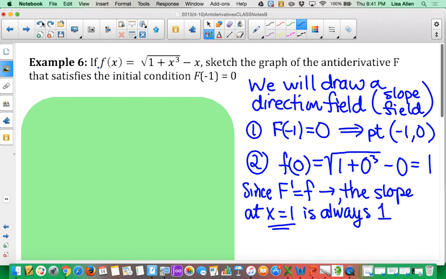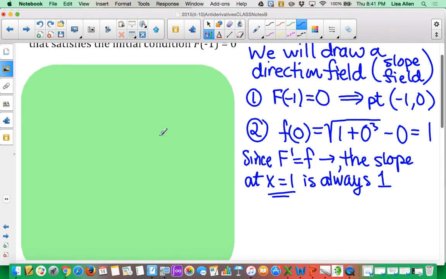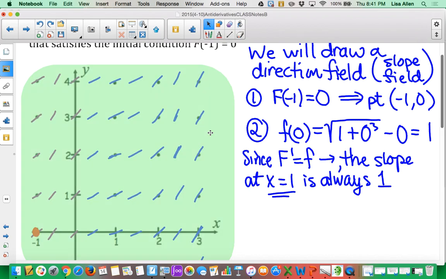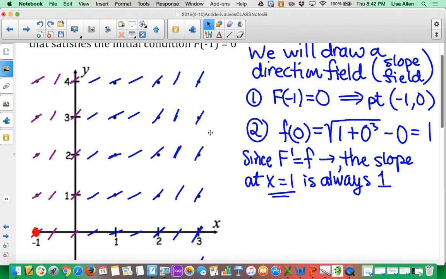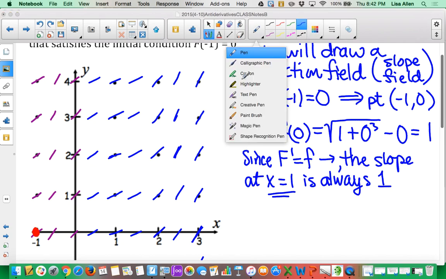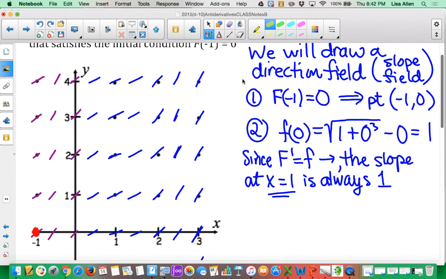So what you would do then is draw short tangents. Now I'm going to pull this away a little bit. You can see in my slope field, the slope at 0 is always 1.